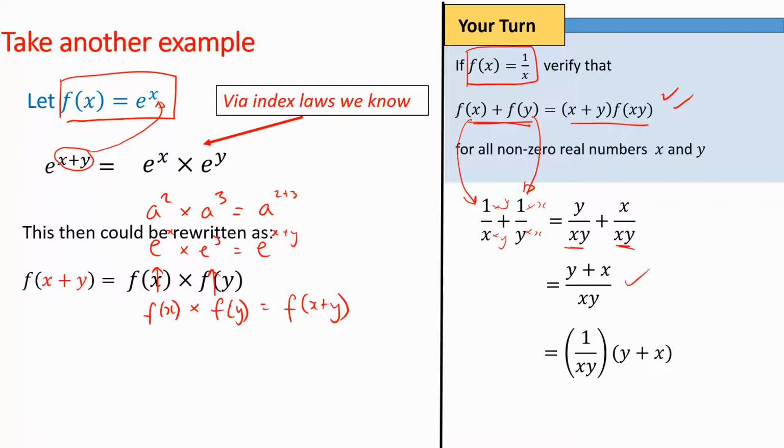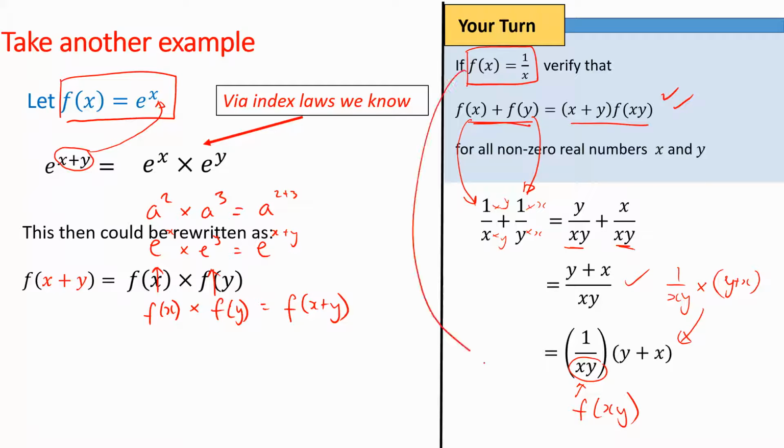That's collecting it together. But at the same time, I can rewrite this as 1 on xy multiplied by y plus x, which is exactly what this is. But conveniently, 1 on xy is exactly the same thing as writing f of xy.